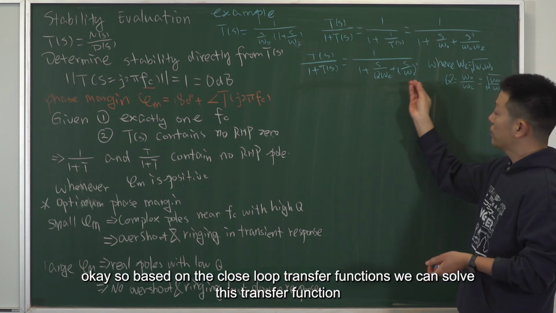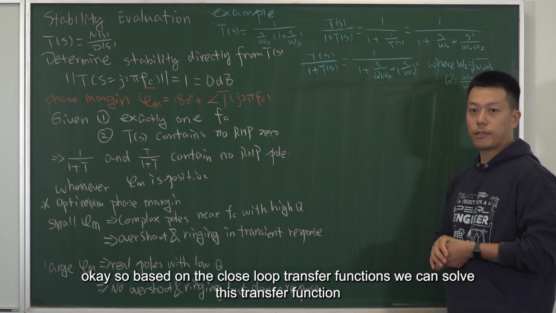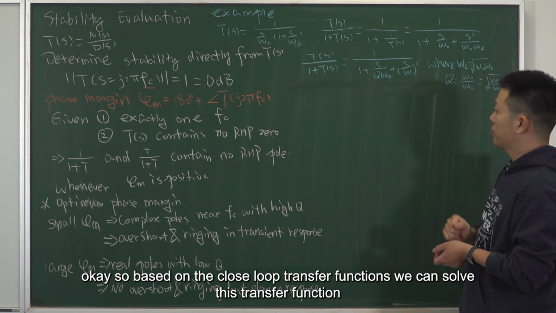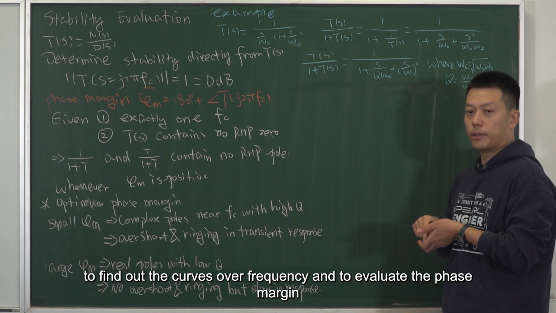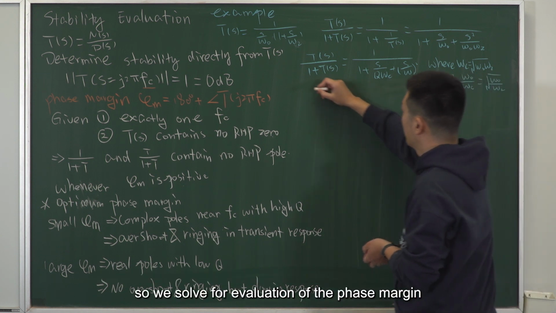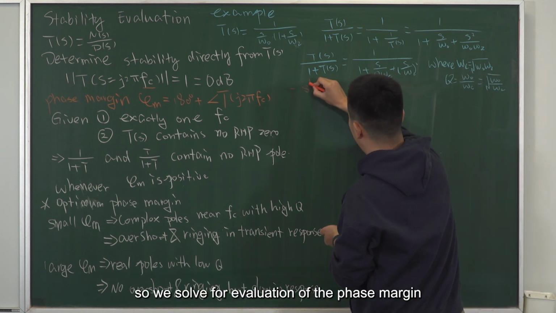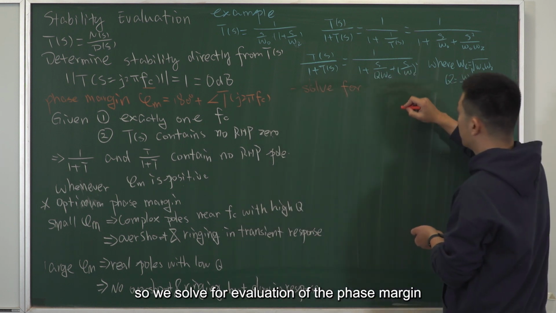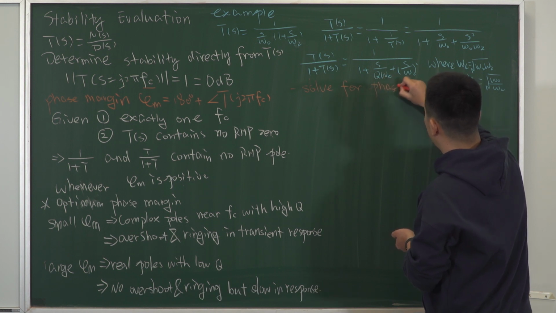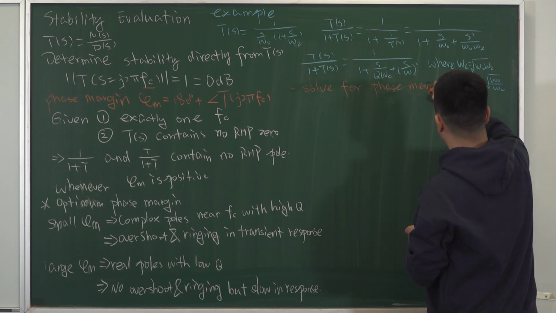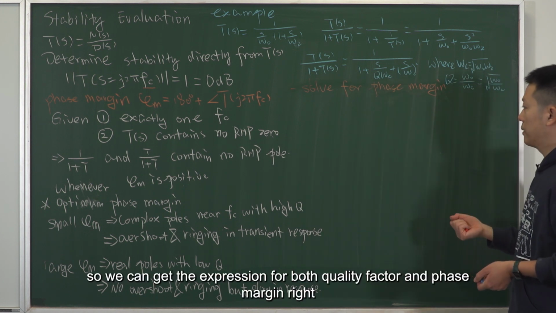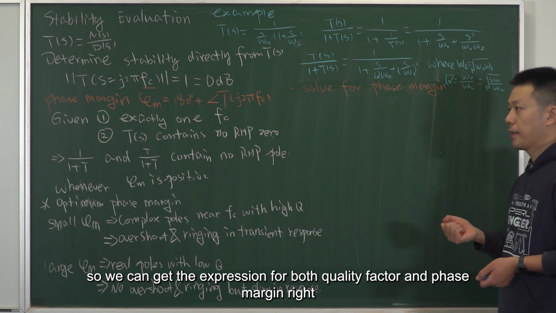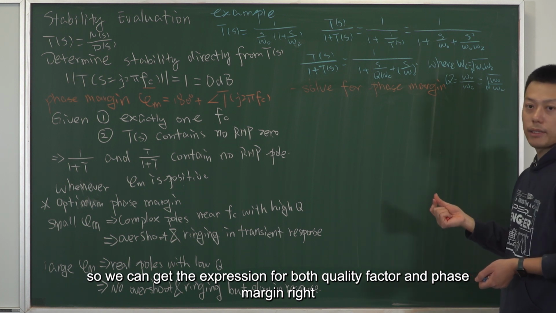Based on the closed loop transfer functions, we can solve this transfer function to find the crossover frequency and evaluate the phase margin. So we can get the expression for both the quality factor and the phase margin.